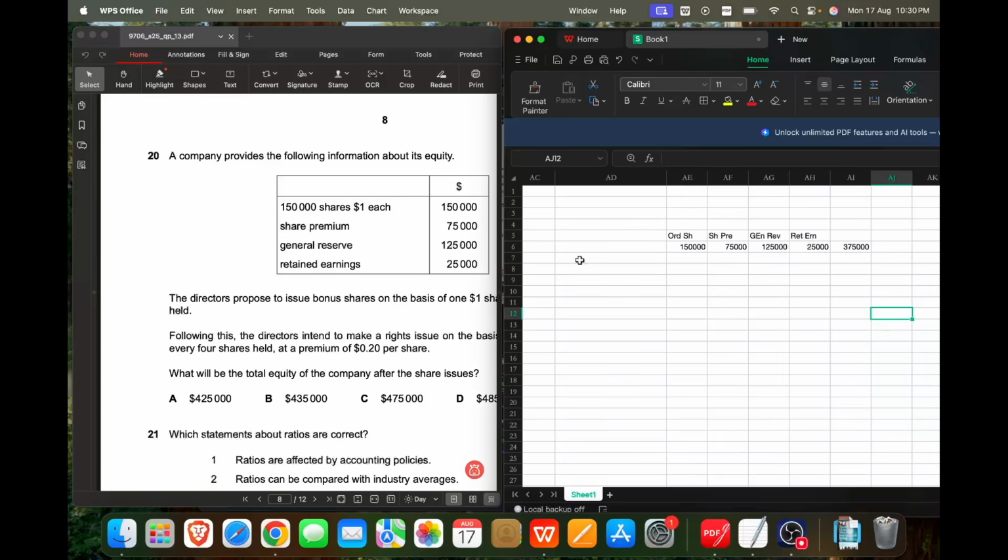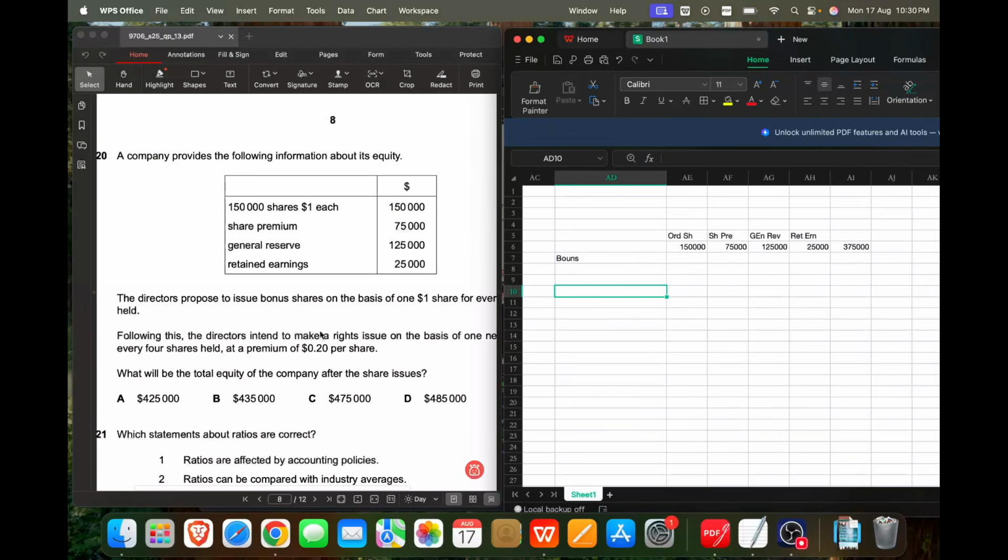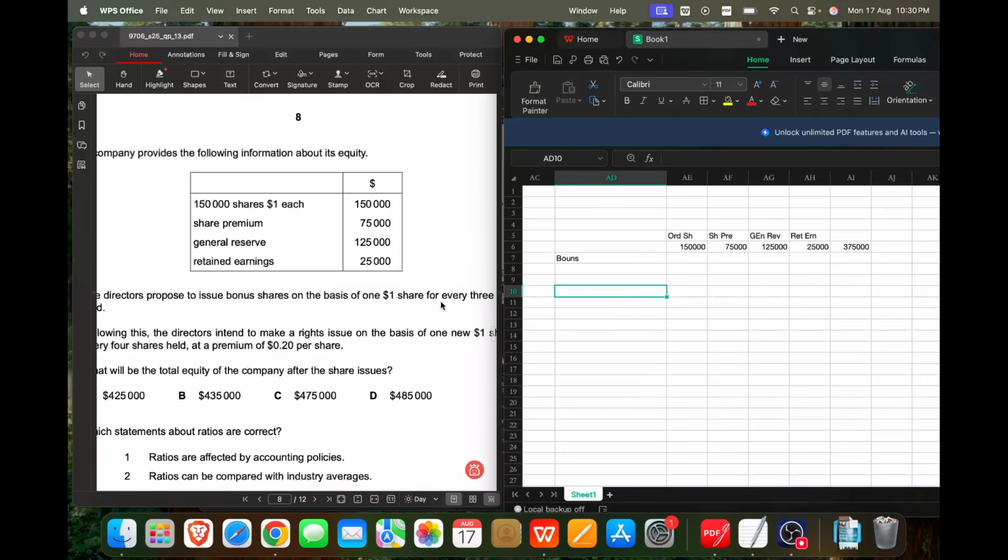The first thing that happens is bonus shares. They said the director proposed to issue bonus shares on the basis of 1 share for every 3 held. Right now each share is $1, and the total shares that we have is 150,000.